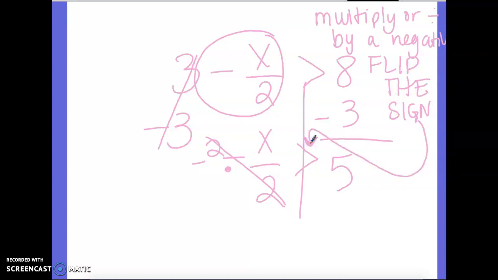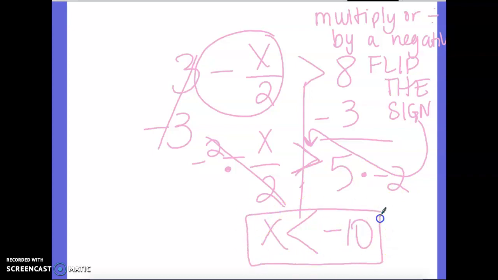That means that instead of being greater than, we're now looking at less than. It literally like hits the sign as it goes over. So when we multiply by -2 on one side, we do the same thing to the other side and we get -10. So x is less than -10. That negative makes a huge difference in your problem, okay? And it's going to be very obvious when you do your number line.